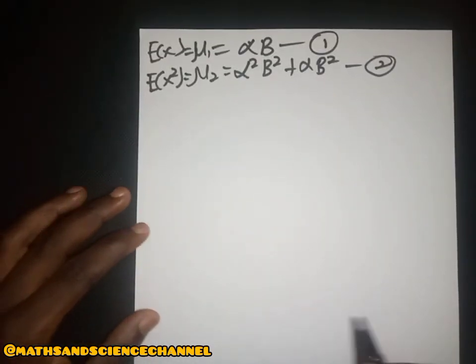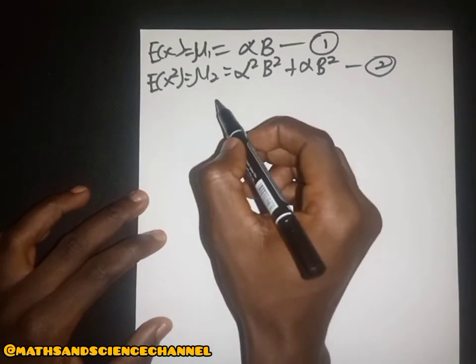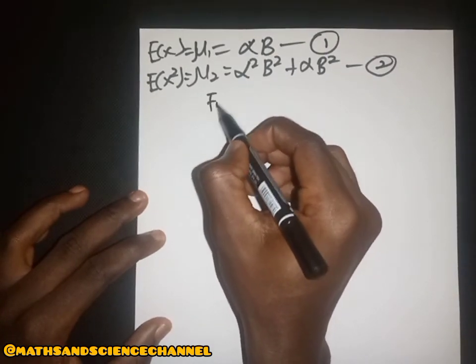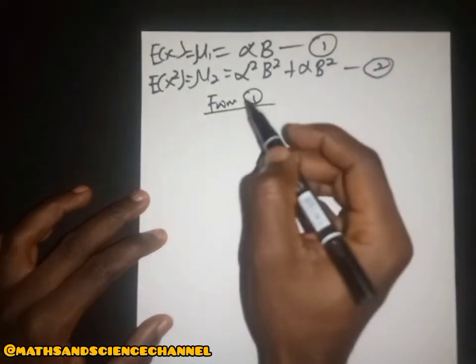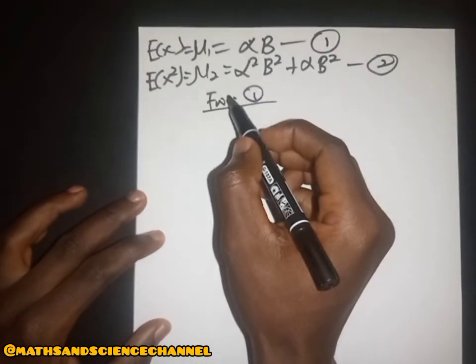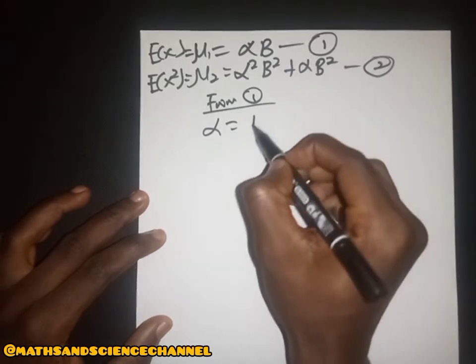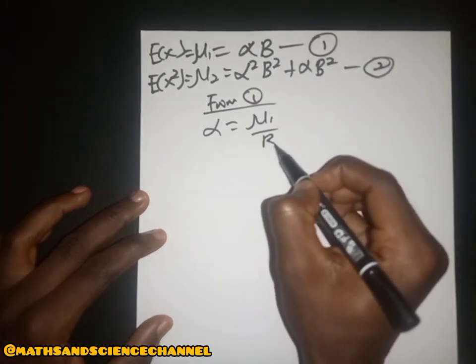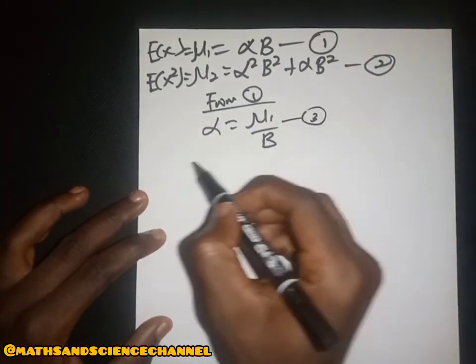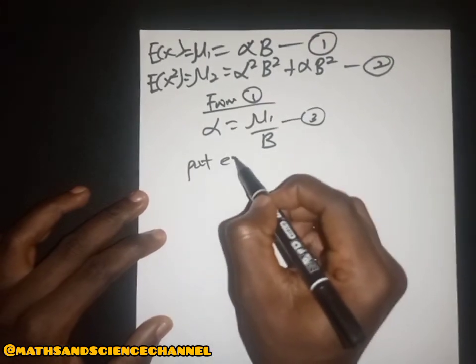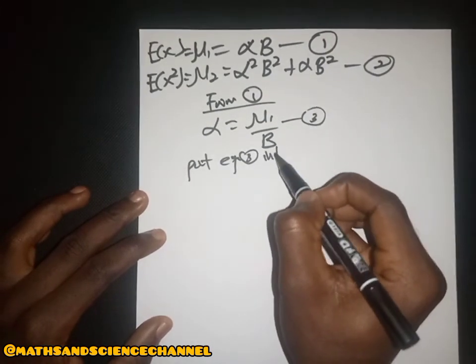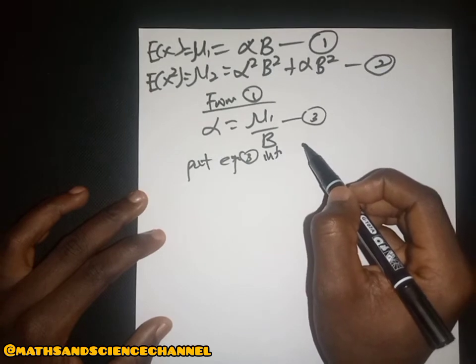Alright, so from equation 1 we make alpha the subject, which is u1 over beta, and let's call this one equation 3. So what we're going to do is to put equation 3 into 2.